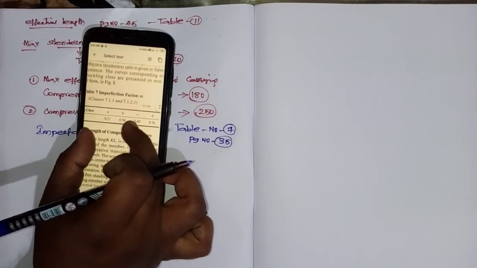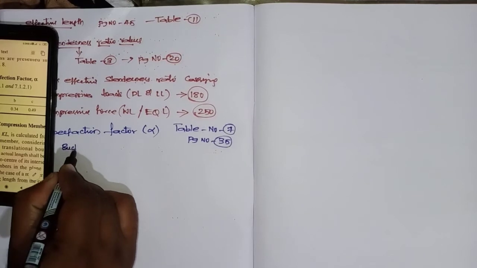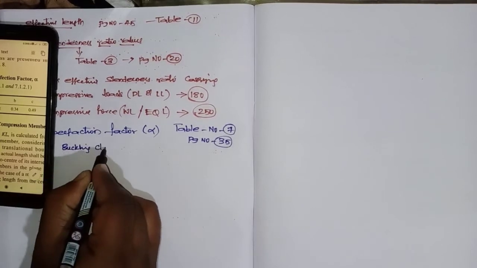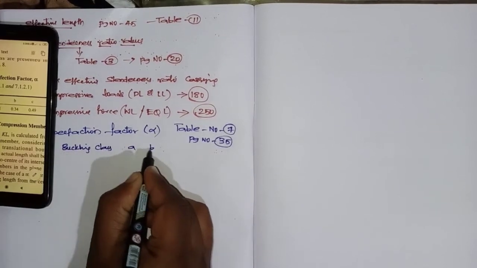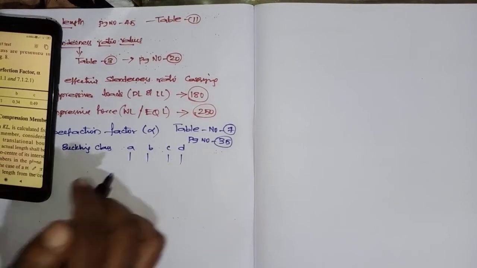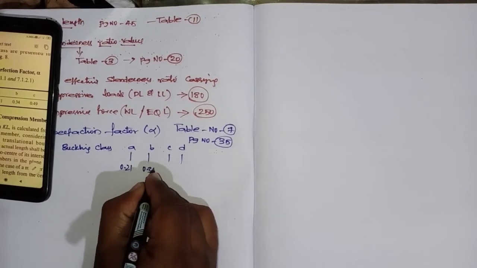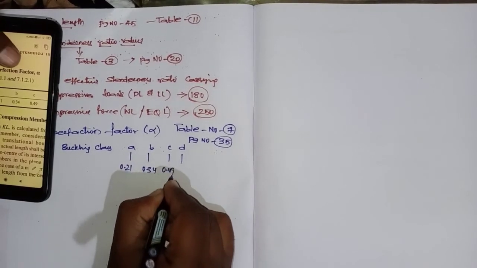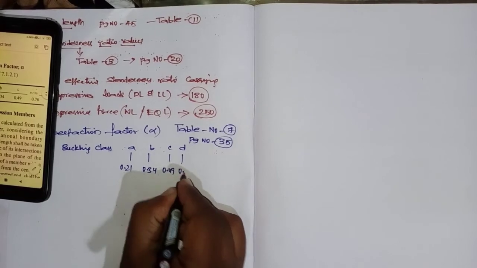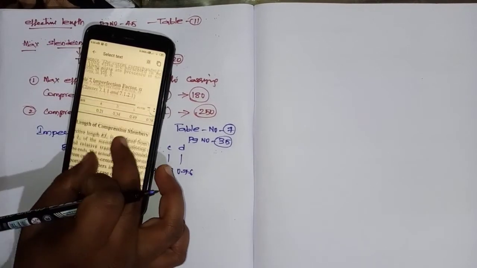So for buckling class A, B, C, D, what are these values? 0.21, a factor with no units, right? 0.34, 0.49 and 0.76. So these are the imperfection values.